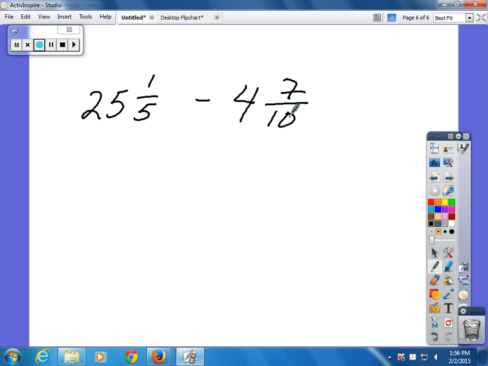You can't take 7 away from 2. You can and get a negative number, but that doesn't work when you're talking about quantities. So you're going to have to borrow 1 from the 25. And when you do that, you're going to bring it down as 10/10. Trying to see if they called about the pizzas, nope, they haven't.